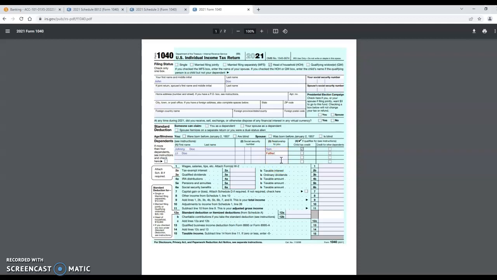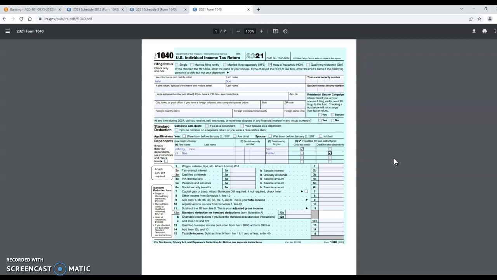Now, JJ is not a qualifying child, but he can qualify as a qualifying relative. Because he passes the qualifying relative test, John could get a credit for other dependents for him. He cannot get the child tax credit. Okay, so we can check that second box.